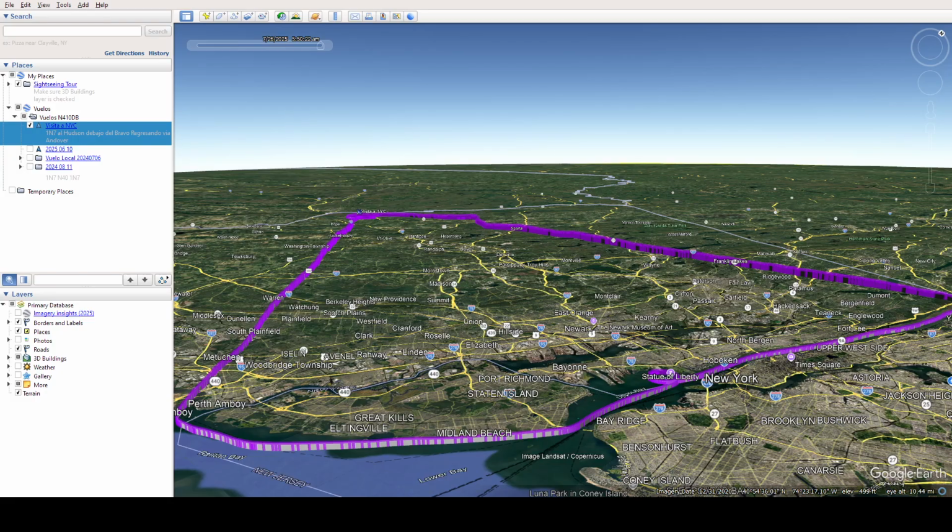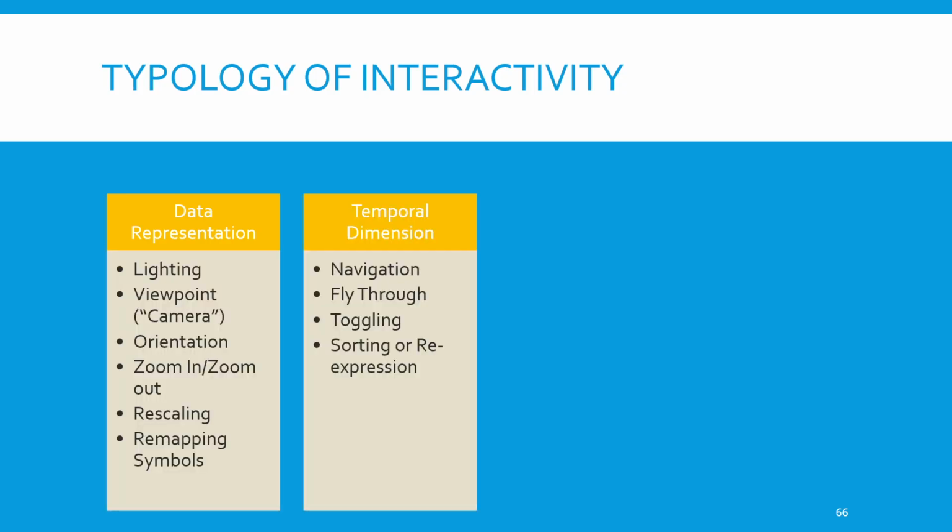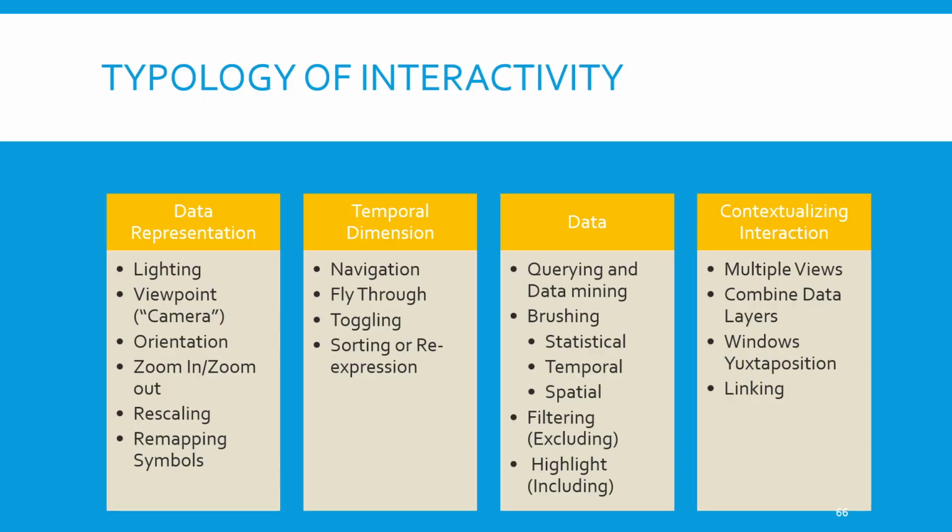And of course, a less interactive geovisualization is going to include fewer types of interactivity and fewer opportunities to combine different types. Okay, then to summarize, we discussed different levels of interactivity: the level of the representation, temporal dimensions, interacting with the data and the context.